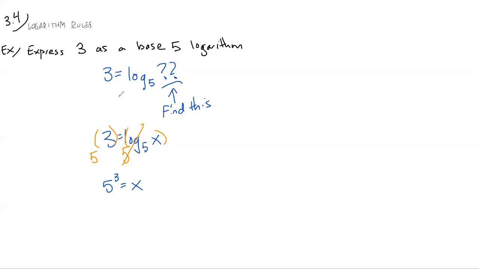Right? That also goes hand in hand with our rules of cancellation. We know this statement to be true. This is one of those basic rules at the start of this section. So this is always true. And so to put this in the base 5 logarithm, it should be, no matter how you slice it, 3 is log base 5 of 125.